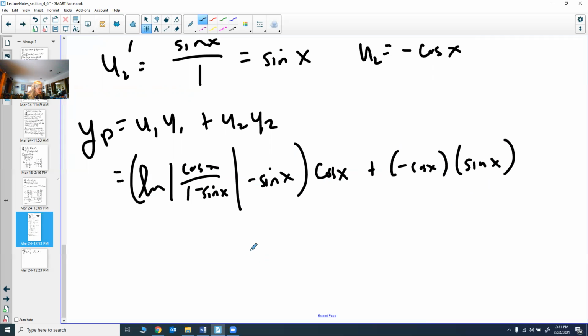So there's your y sub p. Your y sub p is the natural log of the cosine x over 1 minus sine x, all times cosine x, minus cosine x times sine x.